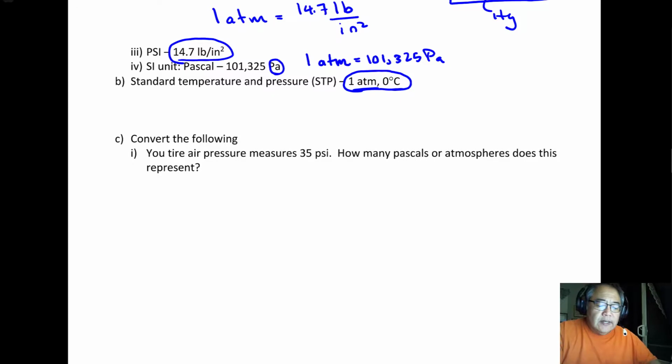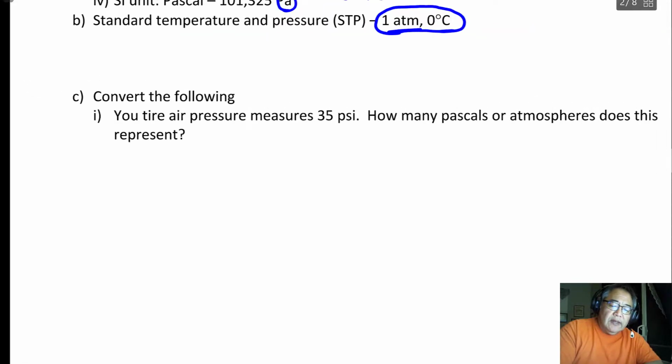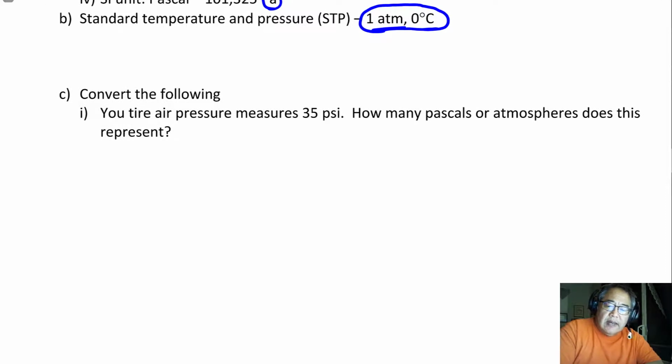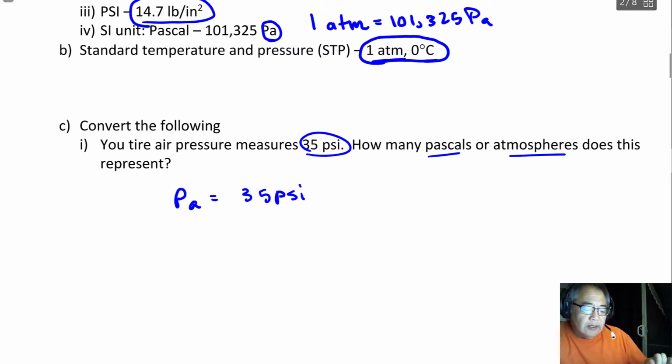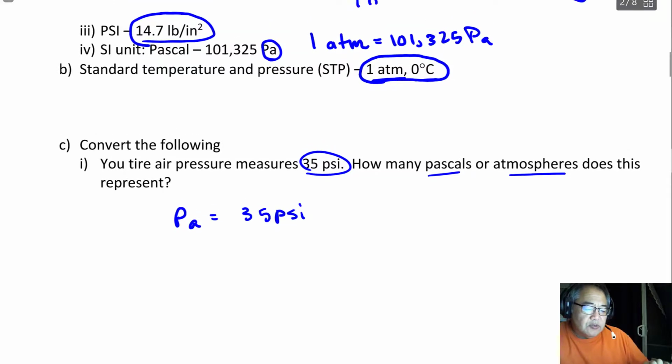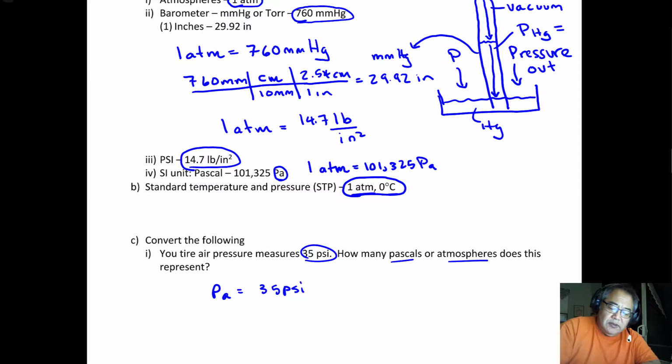Okay, so let's say your tire pressure is 35 psi, and we want to calculate the pressure in pascals and atmospheres for that tire pressure. We'll do pascals first. It's 35 psi, and then there's something that we do a lot in chemistry with pressure units. We'll just simply make some easy substitutions.